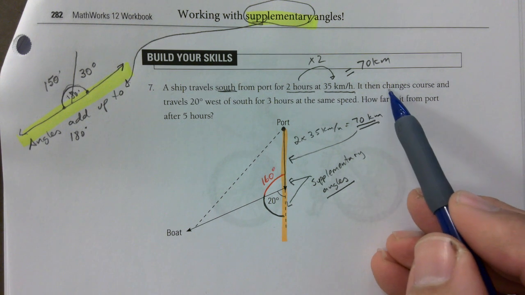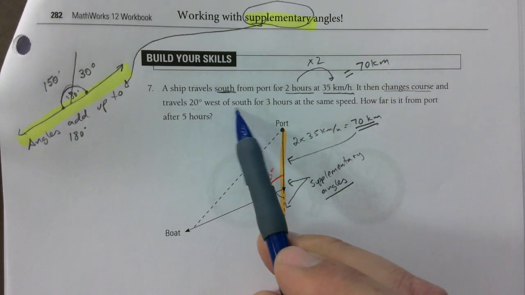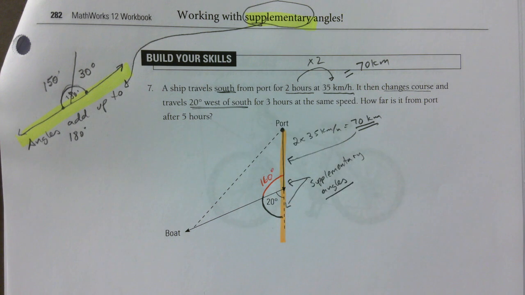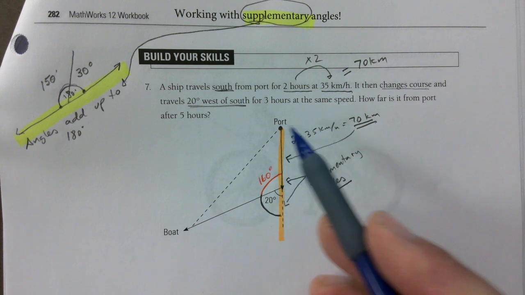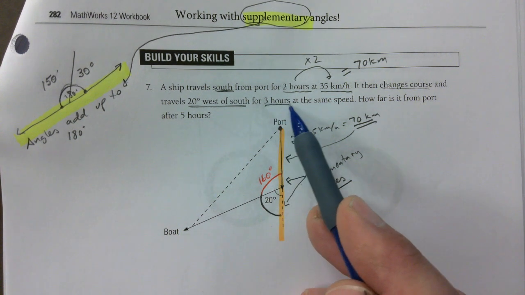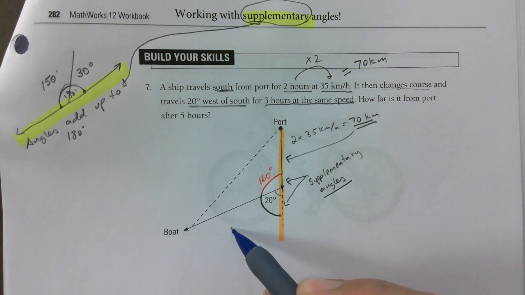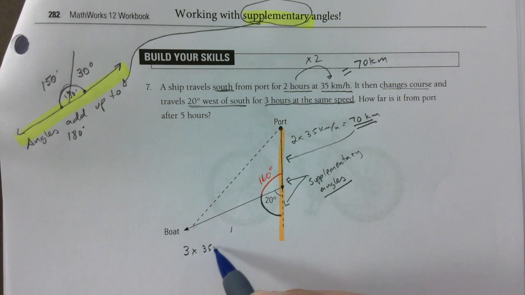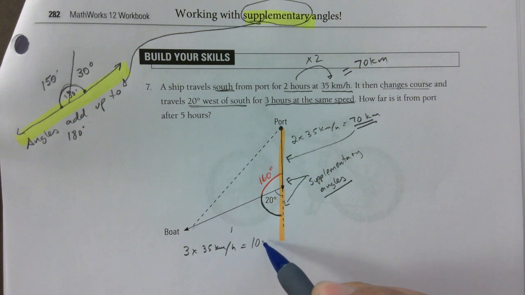It then changes course. It says changes course and travels 20 degrees west of south, which is this piece of information. So sometimes if it's confusing, just look at the diagram and it tells you where the 20 goes. You travel for 3 hours at the same speed. So this side length here would be 3 times 35 kilometers per hour, which is 105 kilometers.